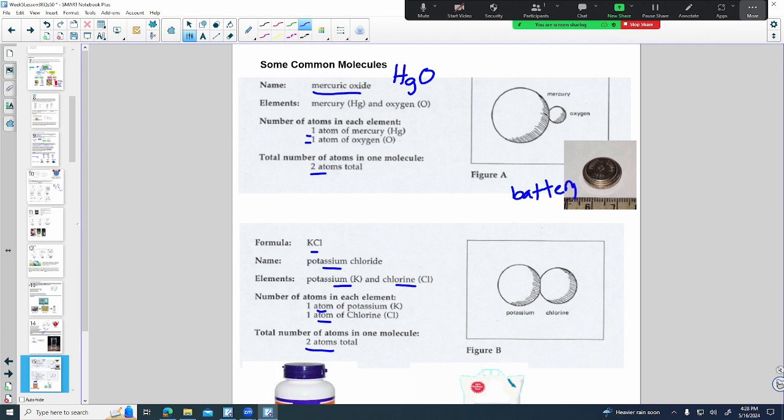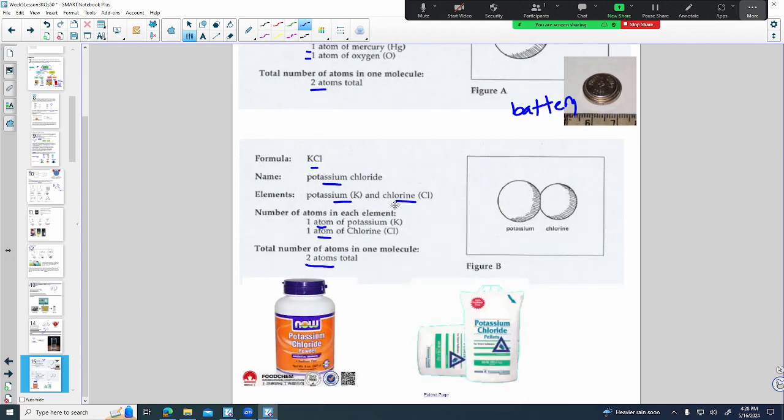And for potassium chloride, you might see it in pellets for water softener. That's what it may be used for. It could also be used for the food industry, as potassium chloride powder.